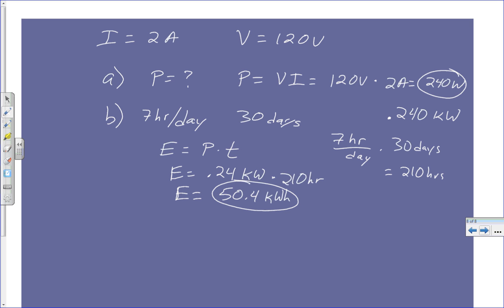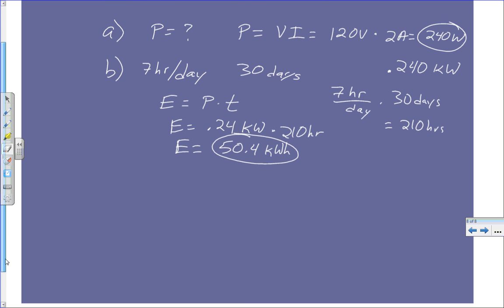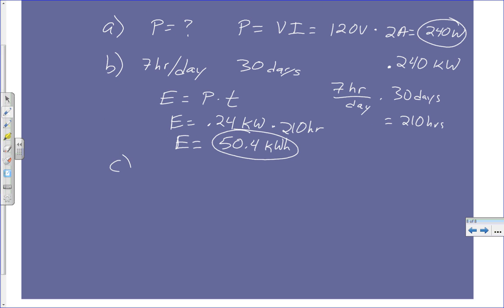And the last thing it wants to know, at 11 cents per kilowatt hour, what is the cost of operating this television for 1 month? So we have a rate of 11 cents per kilowatt hour. Cost is equal to the energy used times the rate.